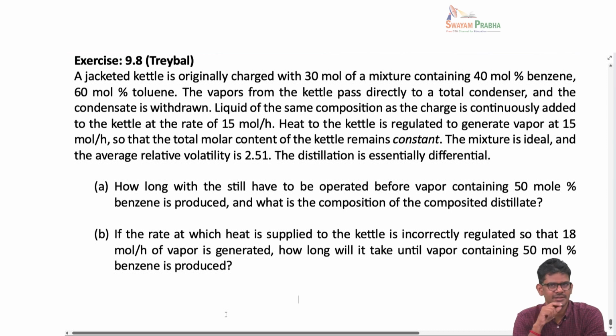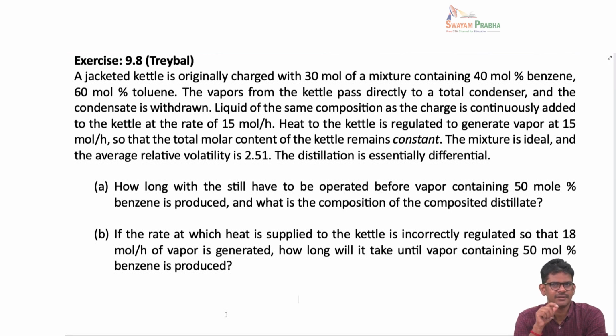So here the question is, how long will the still have to be operated, meaning how long we should continue the distillation before vapor containing 50 mole% of benzene is produced, and what is the composition of the composite distillate.